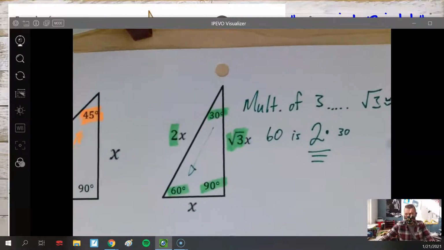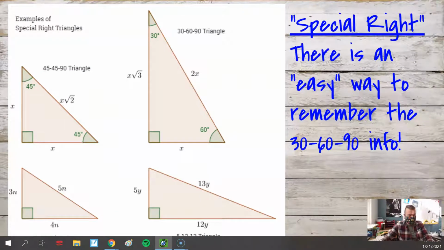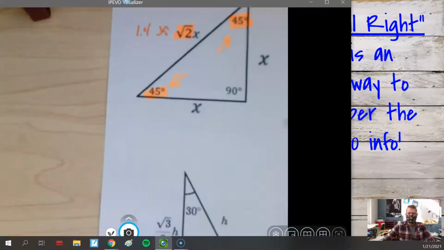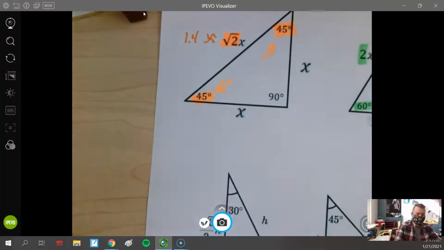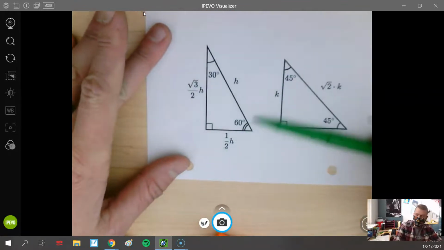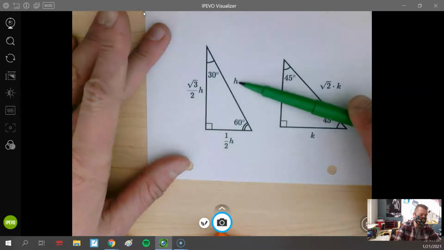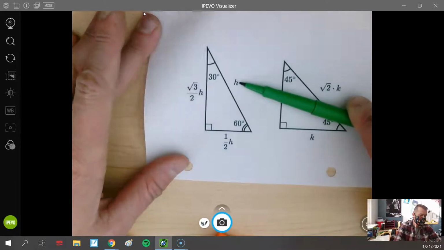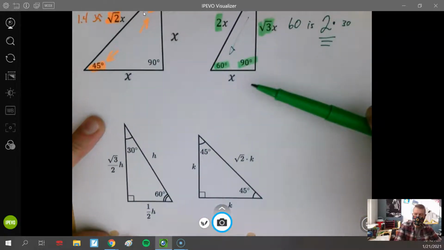All right, so let's look at some problems involving this. By the way, the reason I put this on your paper again: the 45, 45, 90 didn't matter to be on your paper again, but this 30, 60, 90 compares when you're given the hypotenuse as opposed to given the short leg.